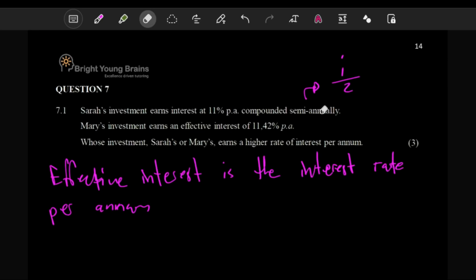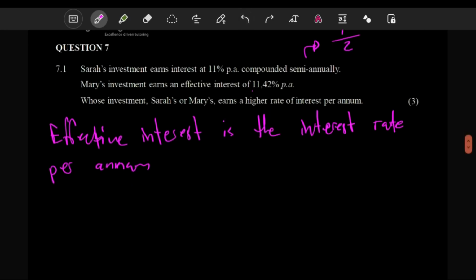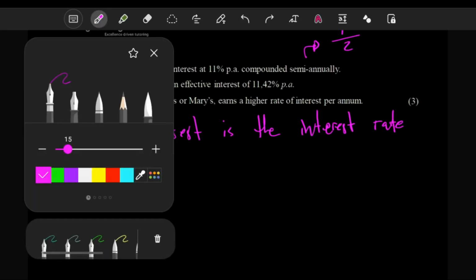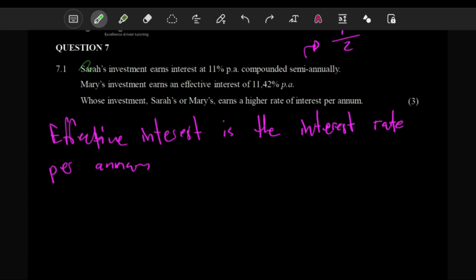So we have to get the effective rate interest of the 11% and then compare it to the 11.42 to see who is getting a better return on the investment, because effective rate interests give you an idea of how much interest is actually being accumulated on a yearly basis. So for Sarah, we just have to get the effective rate of this value.